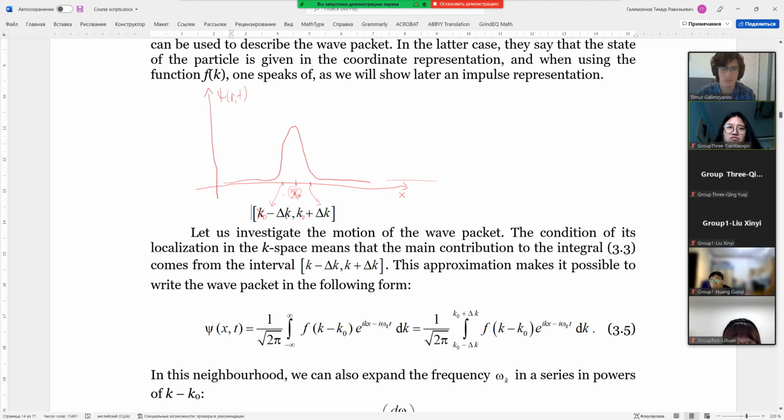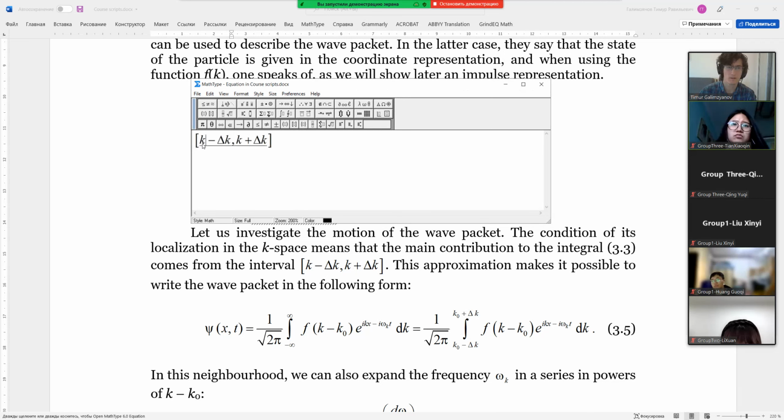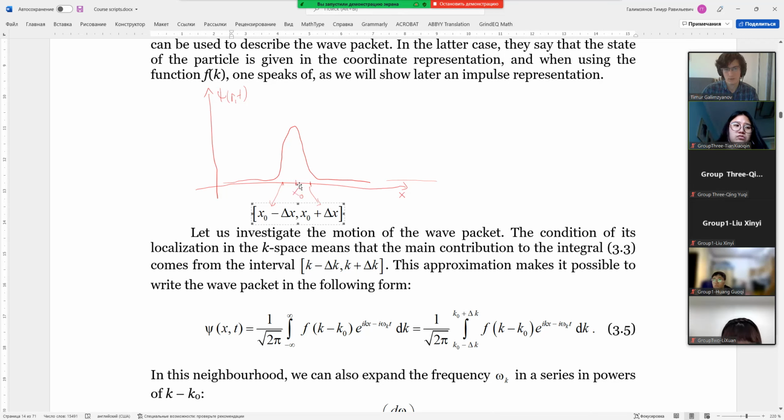Okay, we will fix it. The particle is localized around some coordinate x naught, and the size of the particle is double delta x, the width of this wave packet.